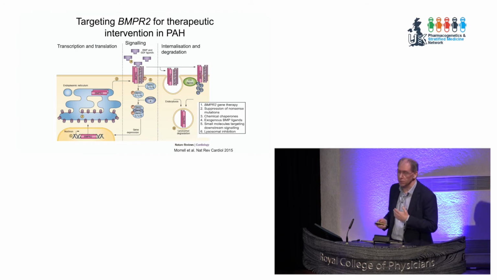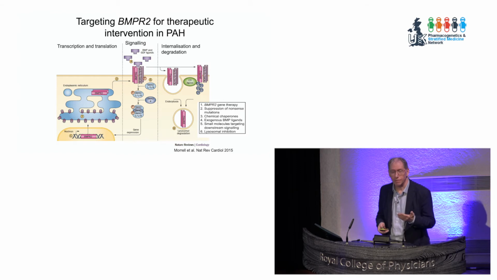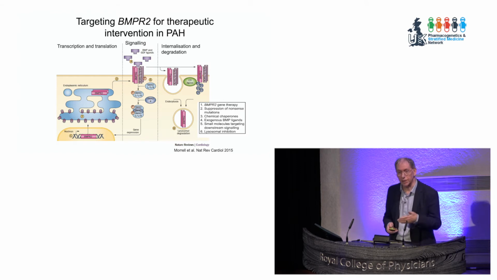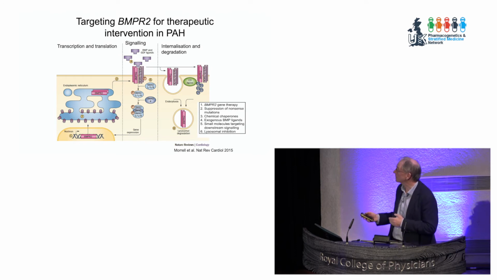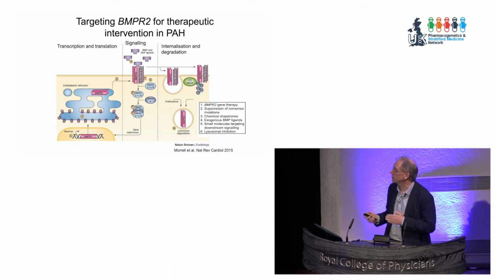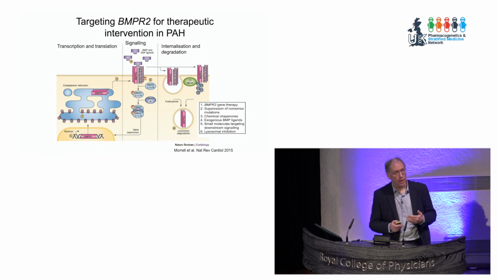We might be able to use molecular chaperones like phenylbutyrate or drugs which inhibit lysosomal degradation of the receptor, such as hydroxychloroquine. And there's interest in developing a ligand based on BMP9 for improving signaling through the BMPR2 pathway. I suspect, or I hope at least, that some of these will come to early phase testing in the next couple of years.